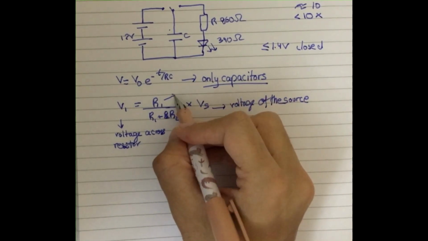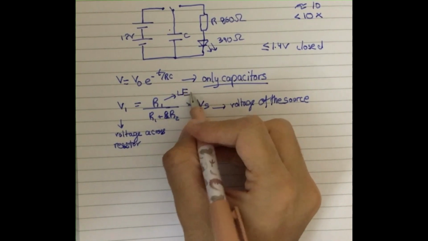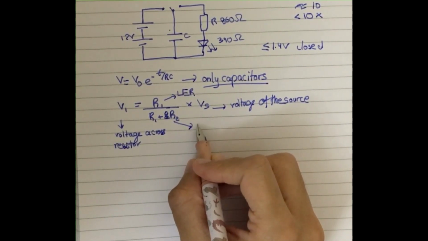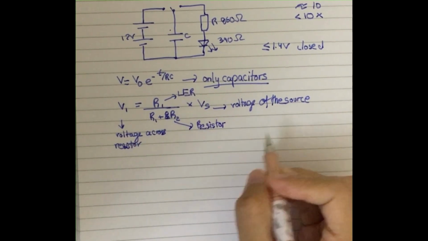And this resistance R1 is the LED's resistance, right? And R2 is the resistor, right? Okay, so we have done that.